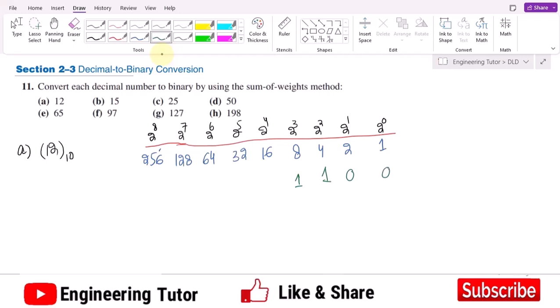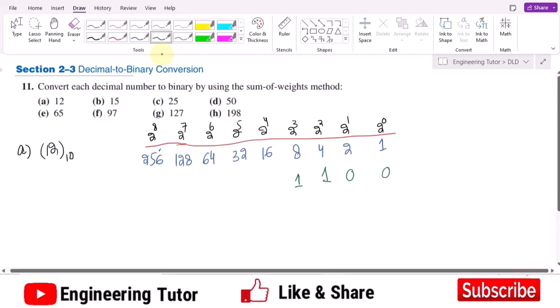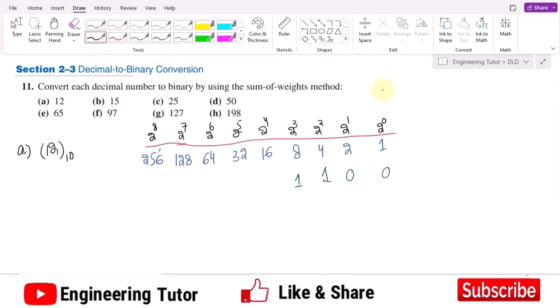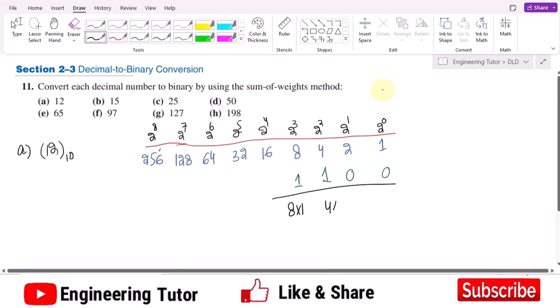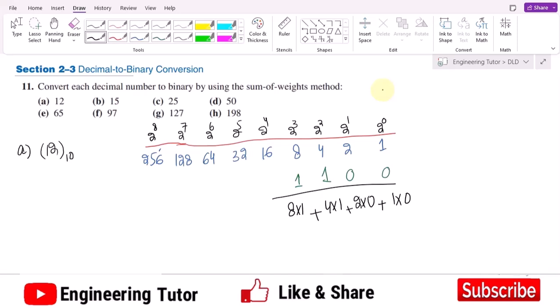Therefore this is the binary number equivalent to my number here, because when these are added together, what will happen? 8 multiplied by 1, 4 multiplied by 1, 2 multiplied by 0, and 1 multiplied by 0, and when I add them together, I will get 12 in the decimal number system. Therefore 1100 is the equivalent binary number for this 12 in decimal.